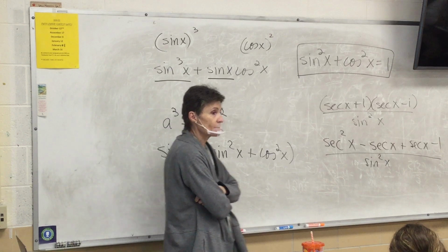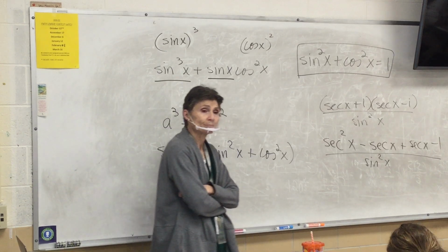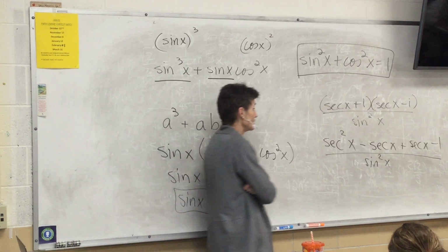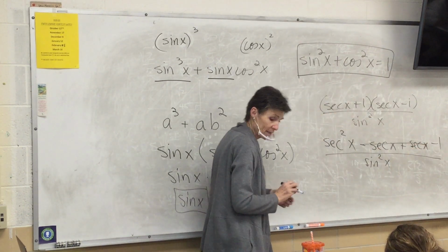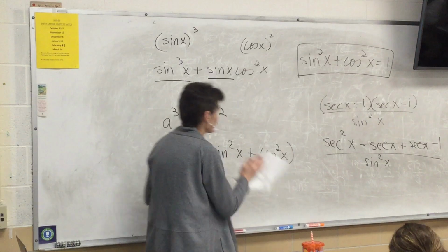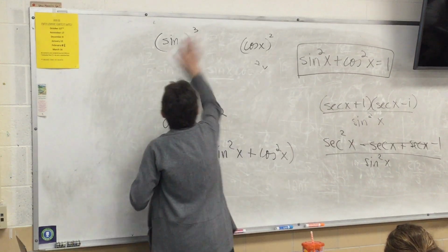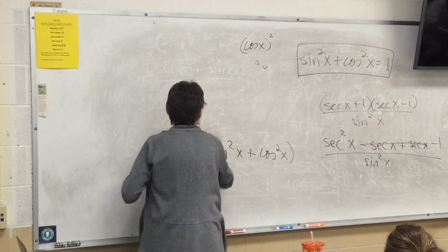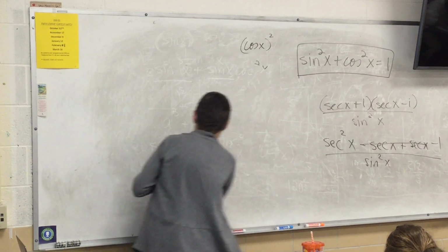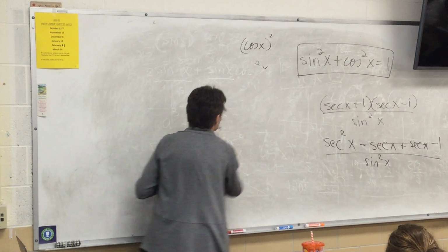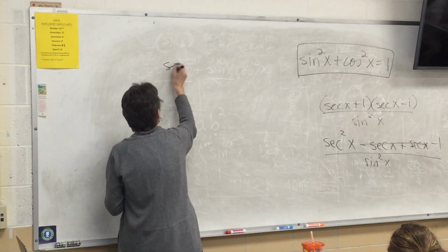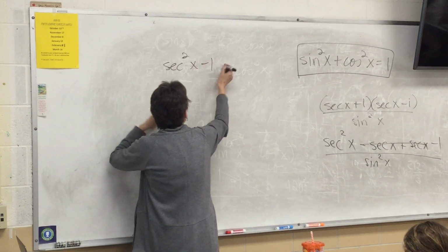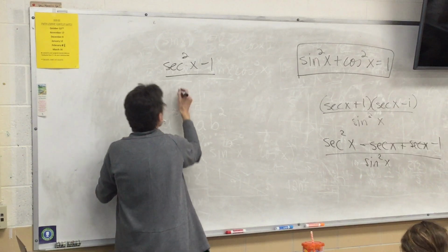Well, what do you notice about that? This part cancels out, doesn't it? Yep. So all we have left is secant squared minus 1 over sine squared.